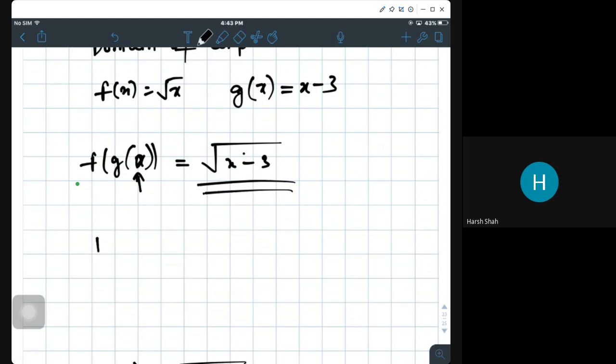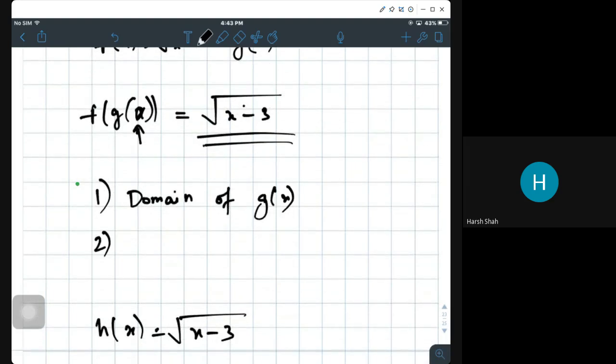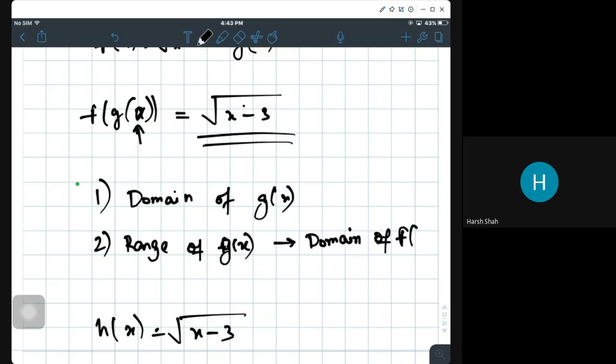That means first find the domain of g(x). Then from the range of g(x), eliminate values that are not in the domain of f(x). Or you can take an intersection of the range of g(x) and the domain of f(x). And then you intersect all three.